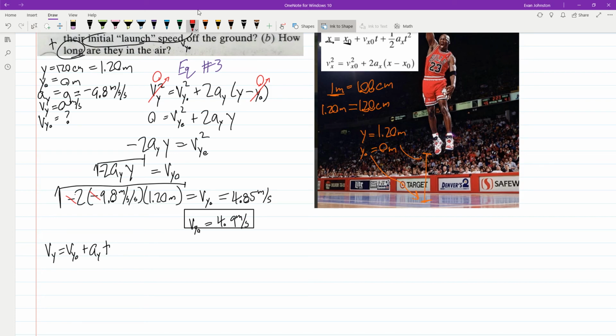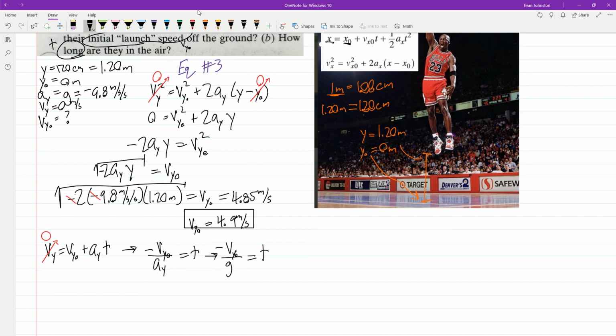We know that at the top he stops, right? So now we just have to get our t alone. Doing a little algebra here, we'll subtract Vy over to the left side, and then we'll divide by the acceleration. So the negative initial y velocity divided by our acceleration gives us time, or in other words, the negative of our initial y velocity divided by gravity gives us our time.